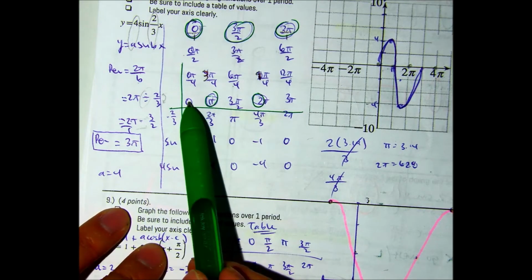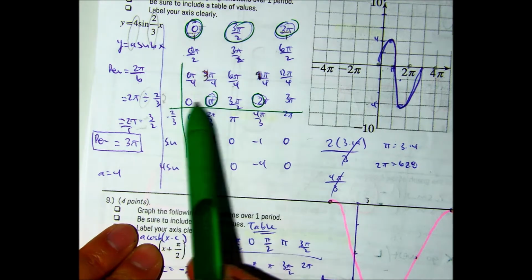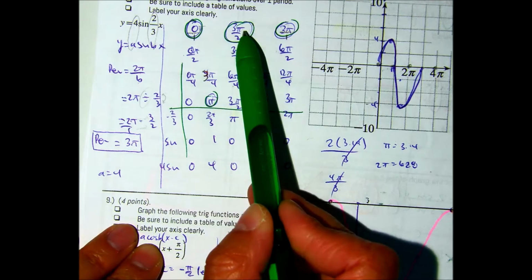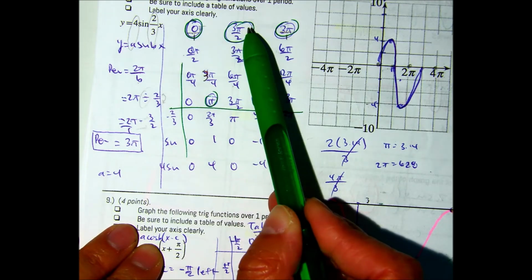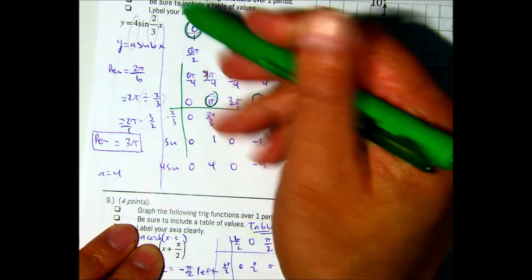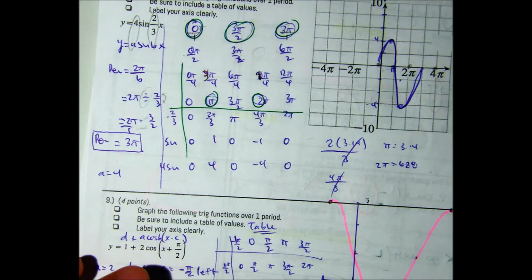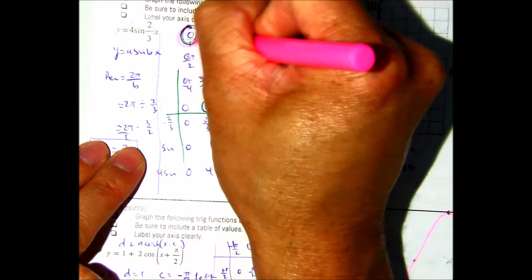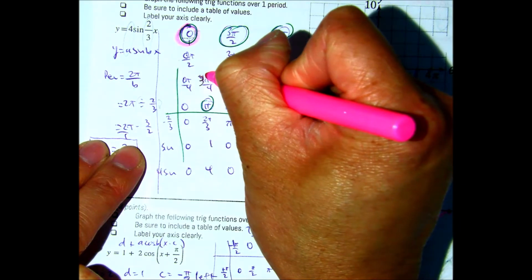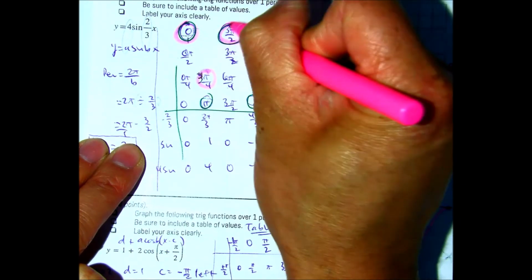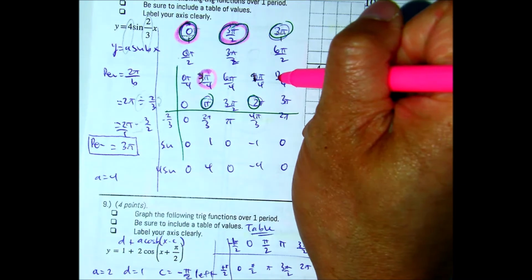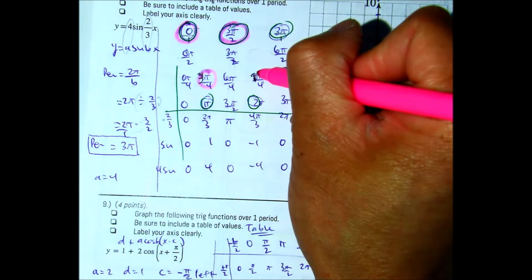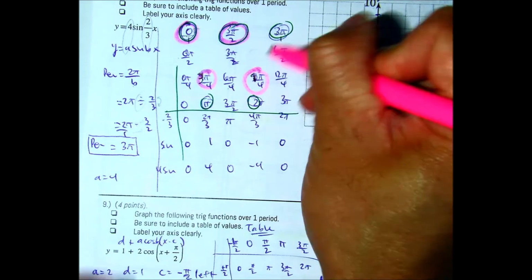So the first thing I'm going to do with my x values, 0, pi, I circled the wrong ones. Let's use a different color. 0, 3 pi over 4, 3 halves. This one should be 9 pi over 4 and 3 pi.